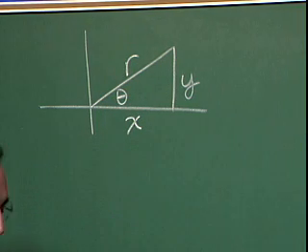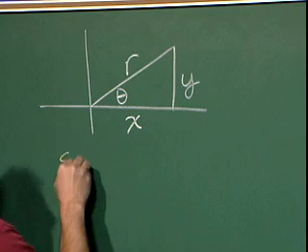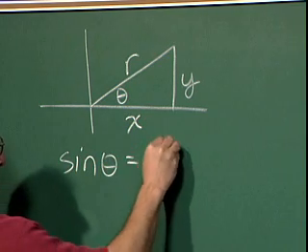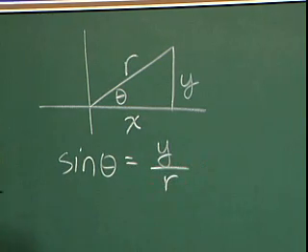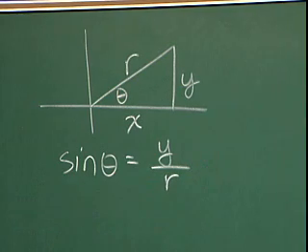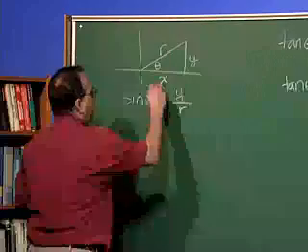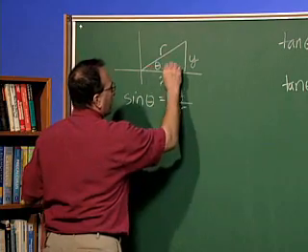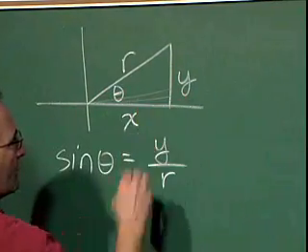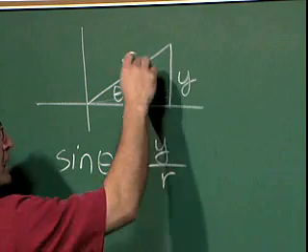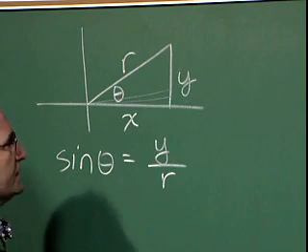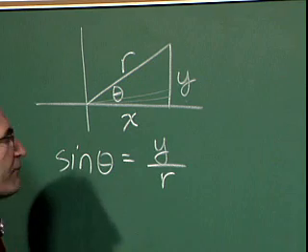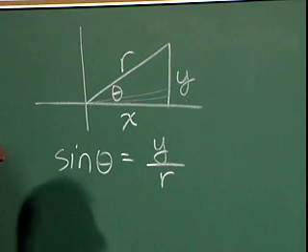And if I deal with sine theta to start, that's y over r. And let's look at this. If theta is a very small angle, so something like this, we'll see that we have a ratio of y over r. It'll be positive, and it will be some fraction, a small fraction.